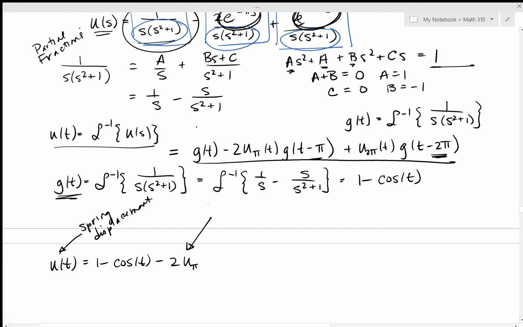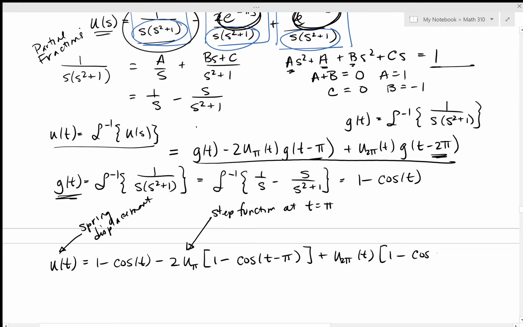This is the step function at t equals pi. Then we've got 1 minus cosine of t minus pi, plus u 2 pi of t times 1 minus cosine of t minus 2 pi, and we are done. So we've gone through the words carefully, taking out all the information, developed the initial value problem, then used the Laplace transform to solve the initial value problem.